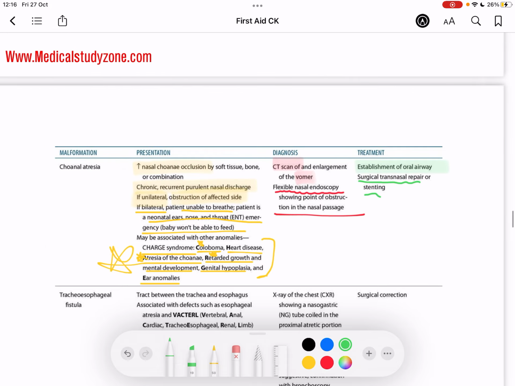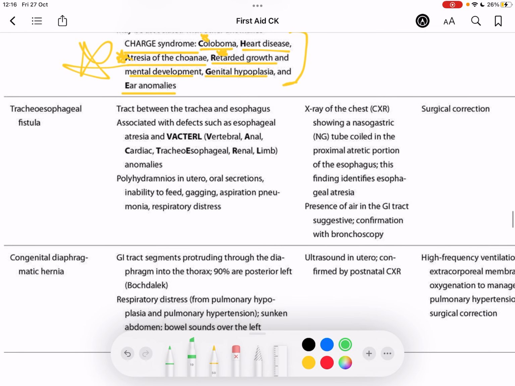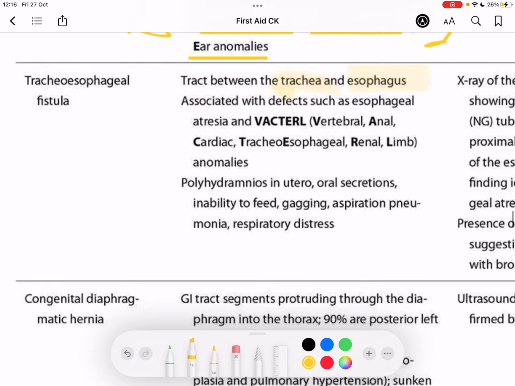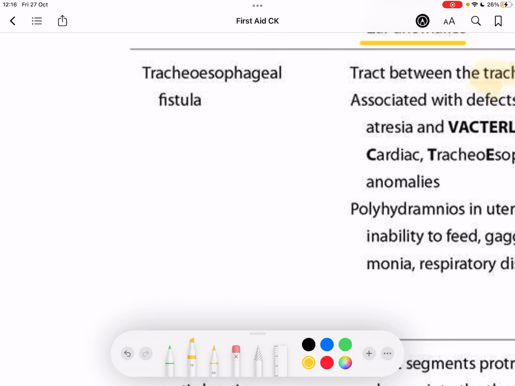Okay. Let's talk now about the tracheoesophageal fistula. The tracheoesophageal fistula is essentially a connection between the trachea and the esophagus. Okay, and there are many variations of this specific congenital malformation, but the most common is, I will draw esophagus in red and trachea and airway in blue.